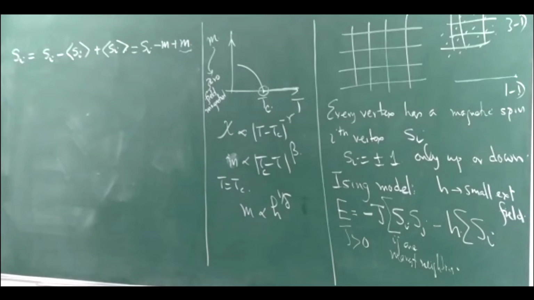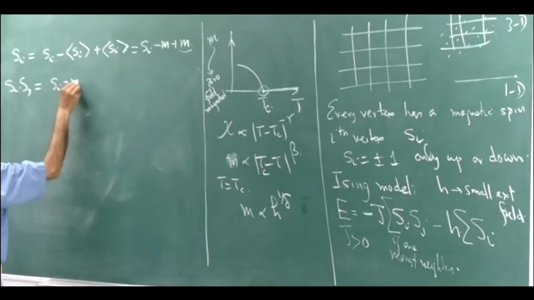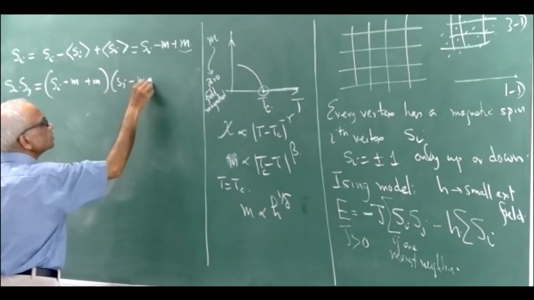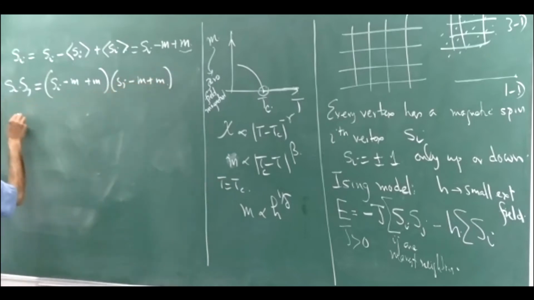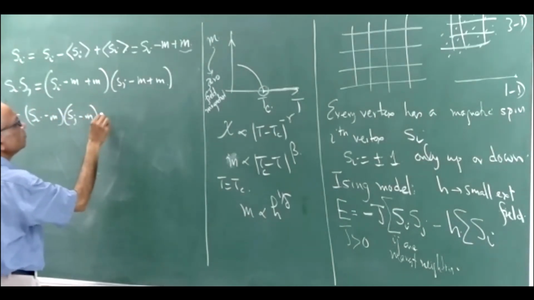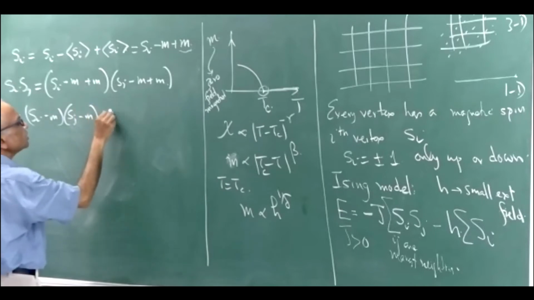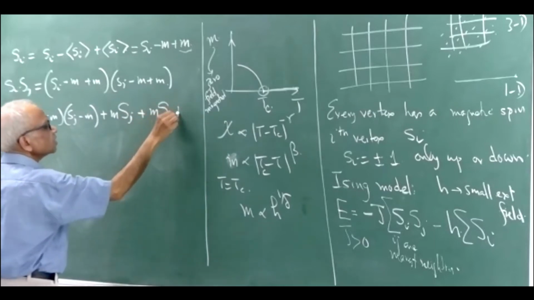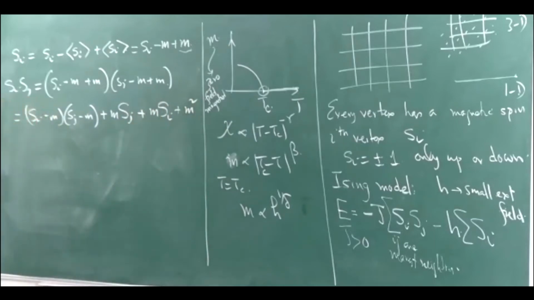What I do is I write this S_i S_j as being S_i minus M plus M into S_j minus M plus M, and write this whole thing as S_i minus M into S_j minus M plus M times S_j plus M times S_i minus M squared.